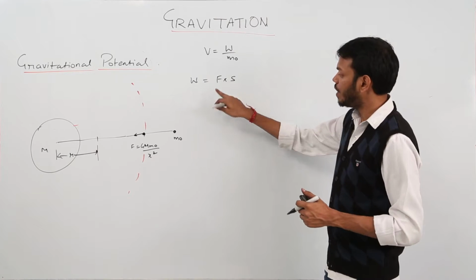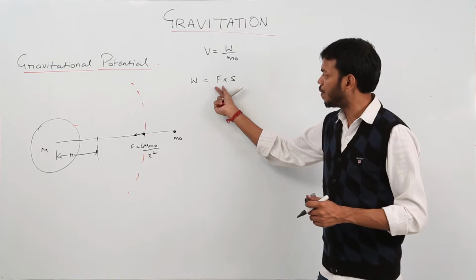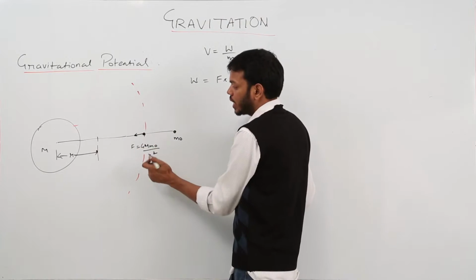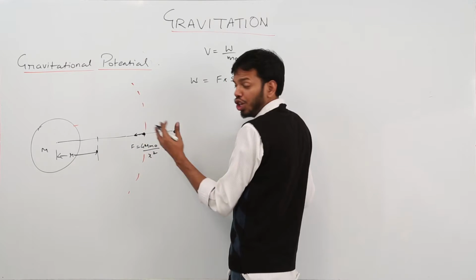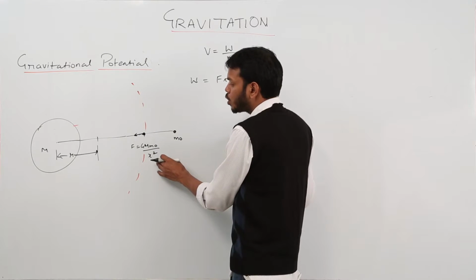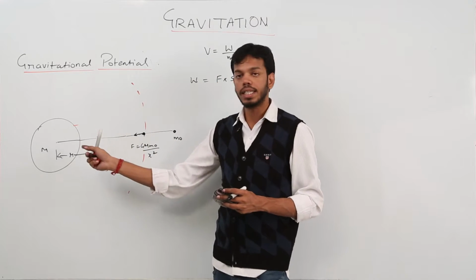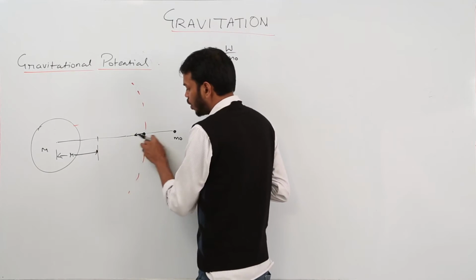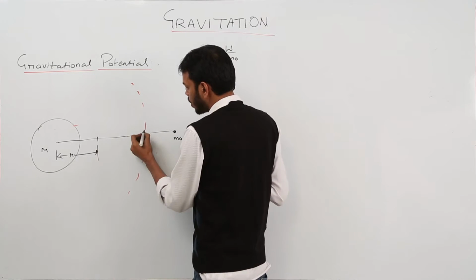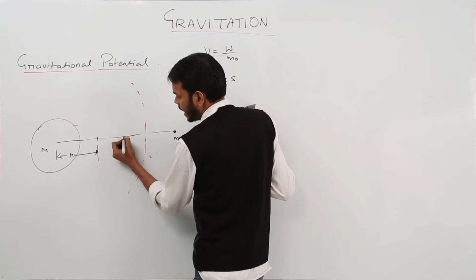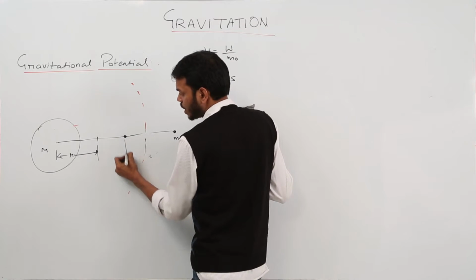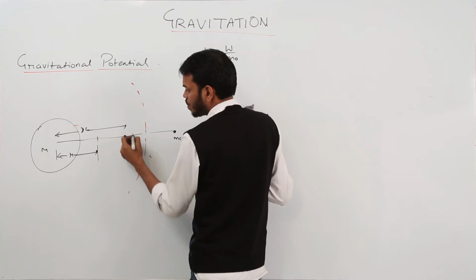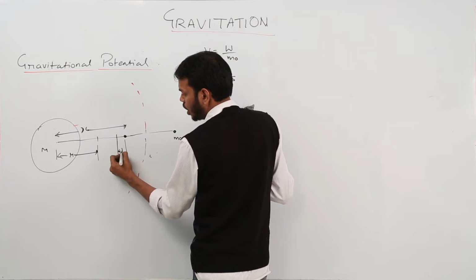If this force were constant, I could easily multiply force and displacement because we have a straightforward formula. But the force is not constant. The force increases every millimeter, because it is inversely proportional to distance squared. If we keep decreasing distance, the force value will increase. So we suppose that the body is currently at distance x from the center of the body, and a small amount of work is done in moving this body by a small distance dx.